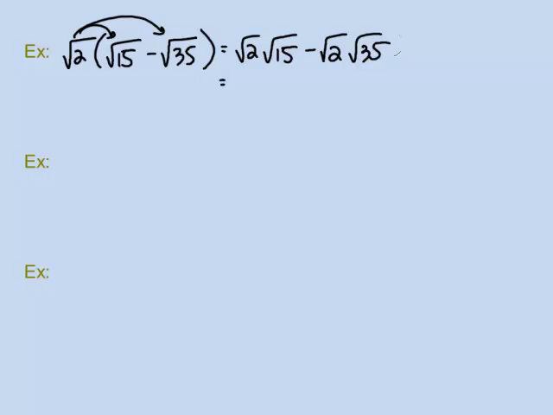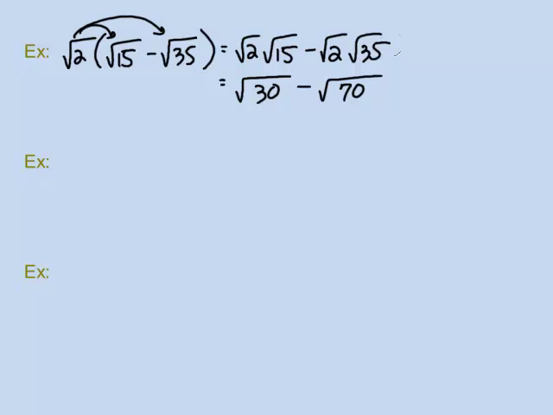Since those are like radicals, we can multiply that under a single radical sign. So the square root of 2 times the square root of 15 is the same as the square root of 2 times 15, which gives us the square root of 30, minus the square root of 2 times 35, which is the square root of 70.